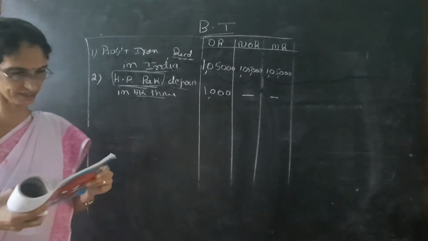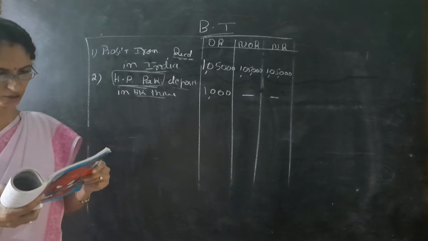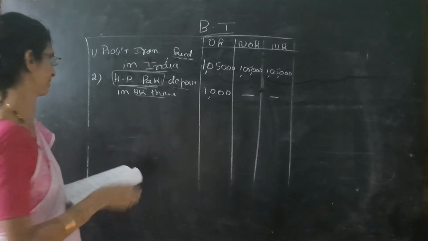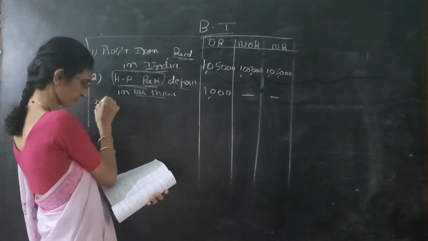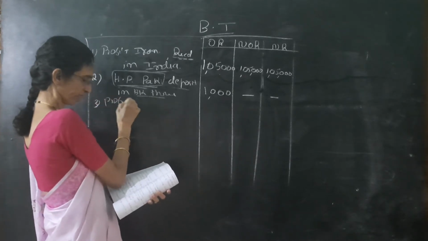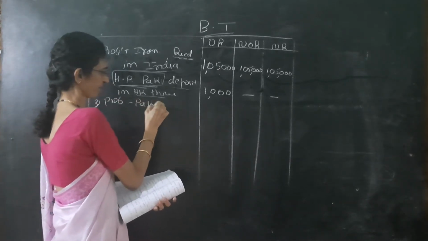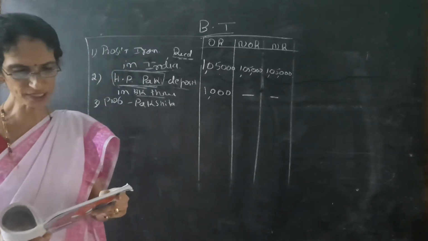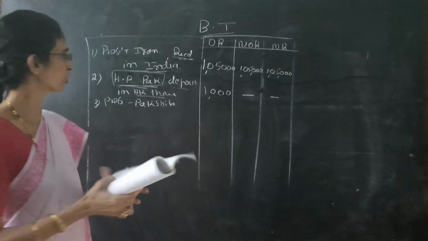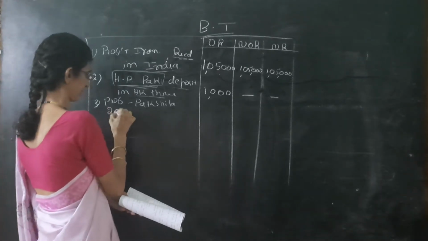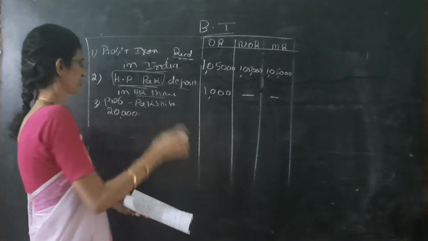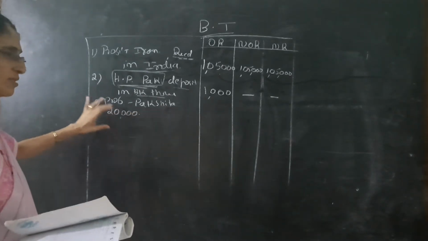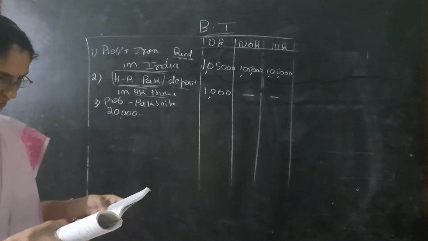Next, the third one is important: profit of business established in Pakistan. Deposited in a bank there, rupees 20,000. So the profit from Pakistan is 20,000.